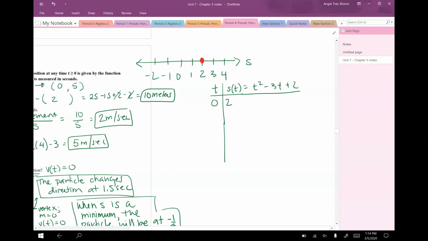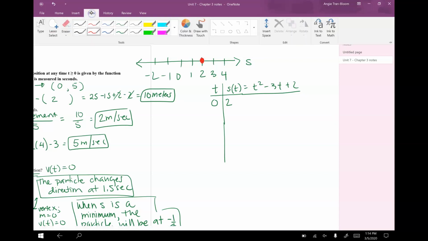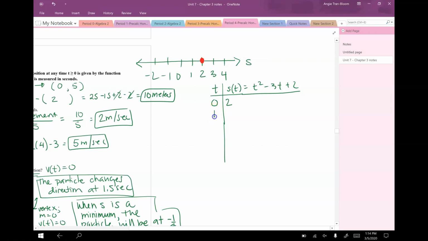Okay. If I keep on going, I'm going to pick my green pen back. 1 second later, I'm going to plug it in. 1 squared minus 3 times 1 plus 2. That's going to be -2 plus 2. That would be 0. So 1 second later, I'm at 0. My bad, I just wrote 0.